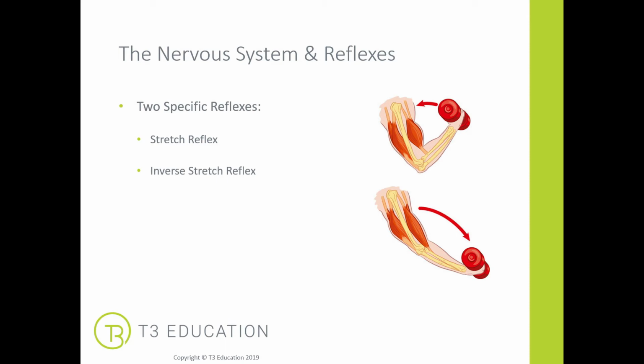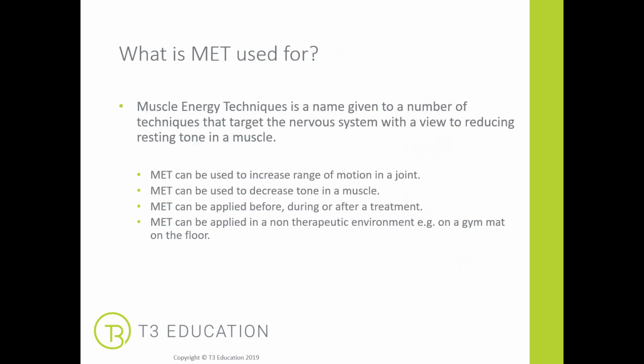And this is where muscle energy technique comes in. Muscle energy technique is a broad term that's given to a number of techniques that target the nervous system with the view to reducing that tone in the muscle. So it can be used to increase range of motion in a joint. It can decrease tone in a muscle.